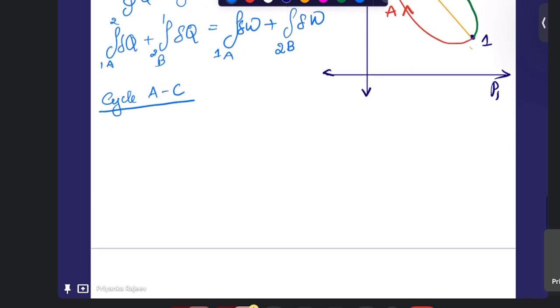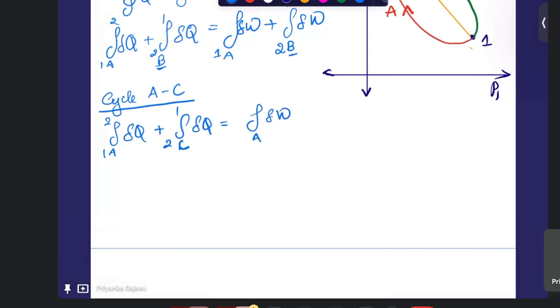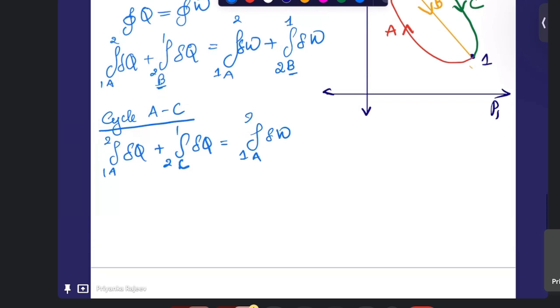Then again I can write the same equation, but instead of B it will be C. So I'll write, over path A from 1 to 2 delta Q, over path C from 2 to 1 delta Q, equal to integral delta W over path A from 1 to 2 plus integral delta W over path C from 2 to 1. Only in place of B it became C. That is the only change that has happened.